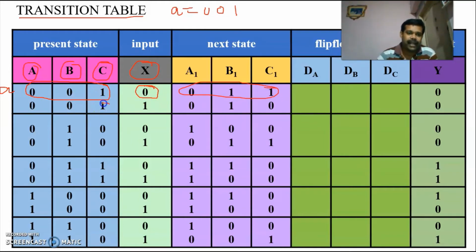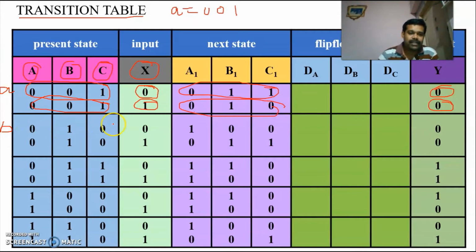Similarly, we are taking A as 0 0 1. When you are providing x is equal to 1, it is going to B. The value of B is 0 1 0. So at the time when x is equal to 0, the output is 0. Similarly, at x is equal to 1, the output is 1. We have to fill that output also. For the next one, we are taking B.